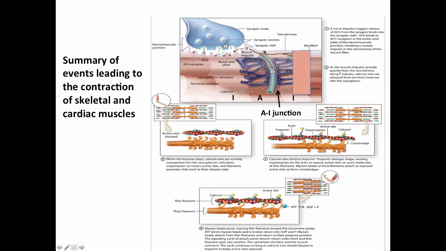A nerve impulse travels down the sarcolemma into the myofiber and down the T-tubule, which surrounds each myofibril. This opens voltage-gated channels in the terminal cisternae of the sarcoplasmic reticulum, and calcium flows out of the sarcoplasmic reticulum and floods the sarcomere.